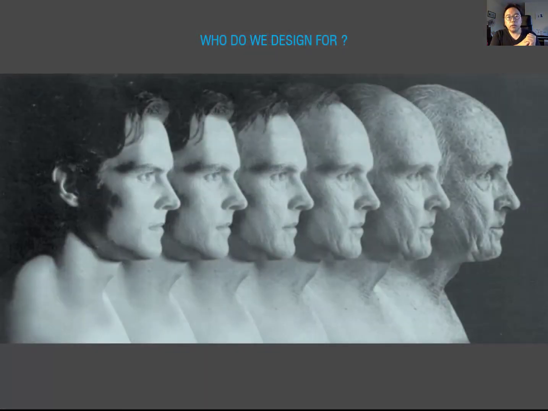So let's talk about this first topic here. When you're designing a space, who do we design for? We need to design according to different genders, generations, and more concerns. It means you have to design for everyone. It's not designing for one single specific person when you're designing public space.